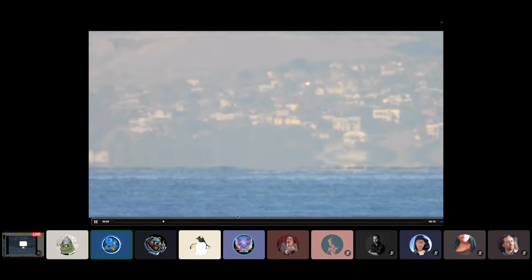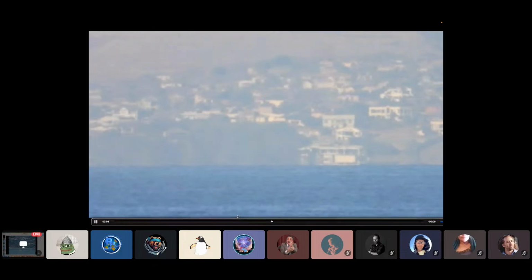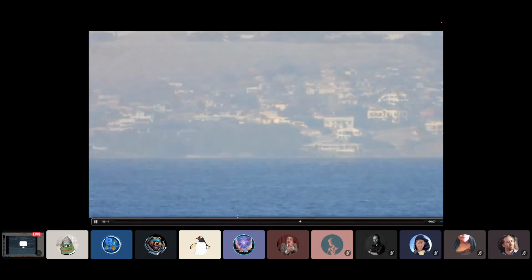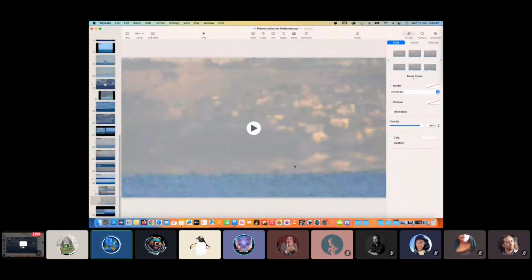So here's a comparison as well. This is what an inferior mirage can do. It can hide the entire area.